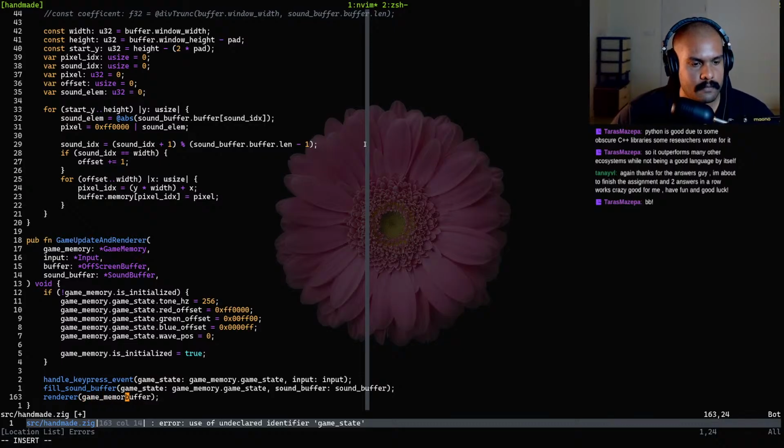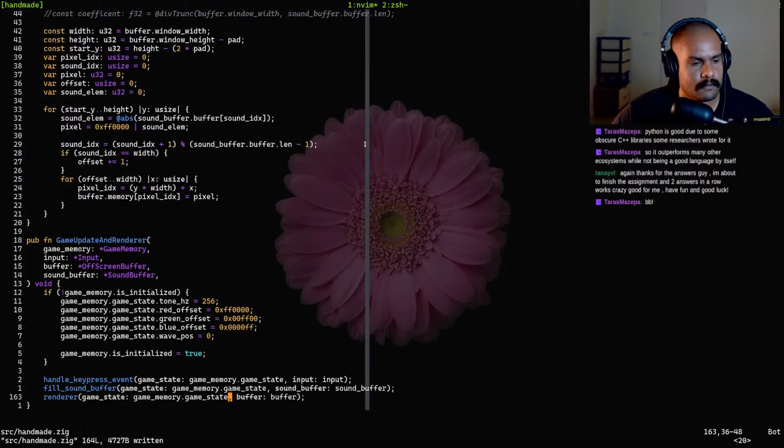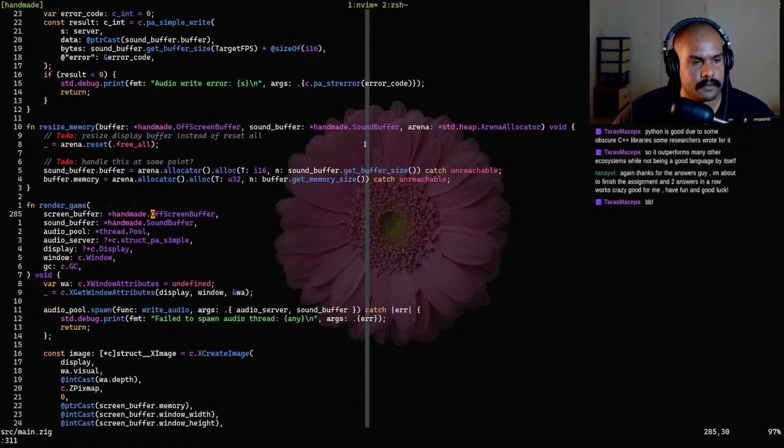Game memory dot game state. That's it. Window width, sorry.